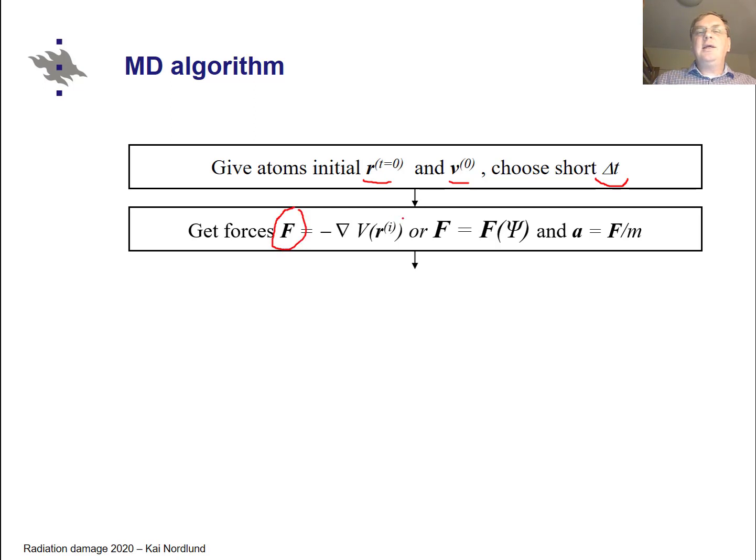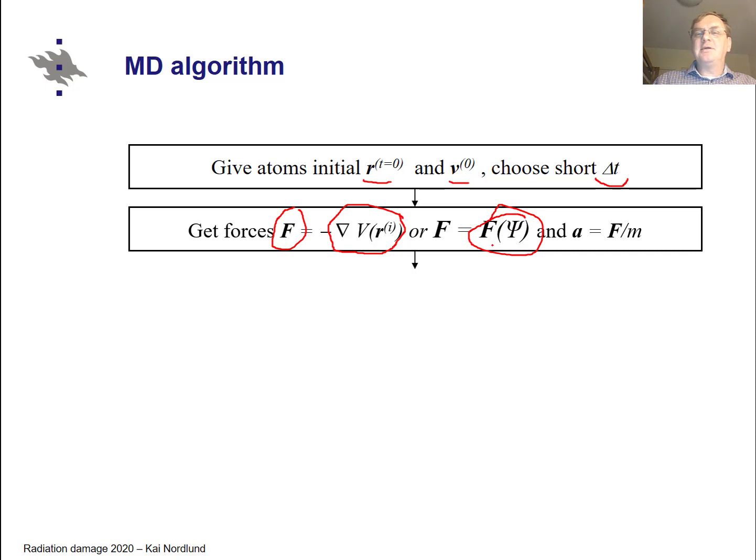This can be done either classically, by taking a potential energy function and getting the gradient, the derivative of it in 3 dimensions, which gives the forces if it's a classical analytical potential. Or alternatively, you can get it from a quantum mechanical simulation like DFT, as part of the DFT algorithms. And then when you have the forces, the physics input is there.